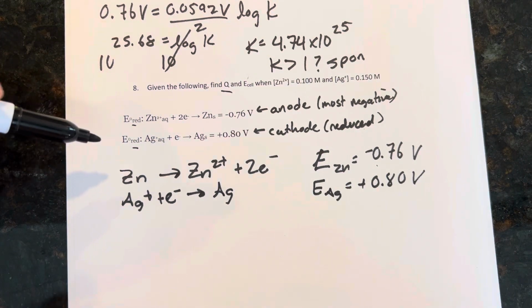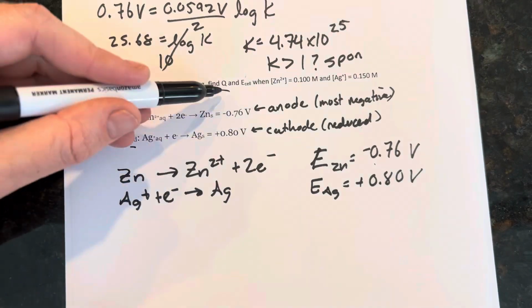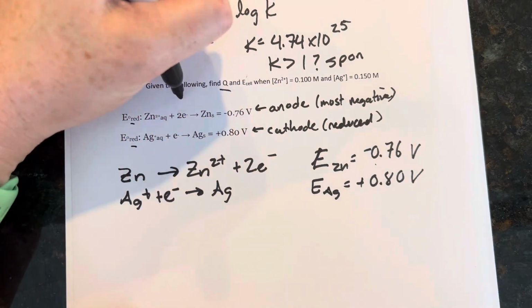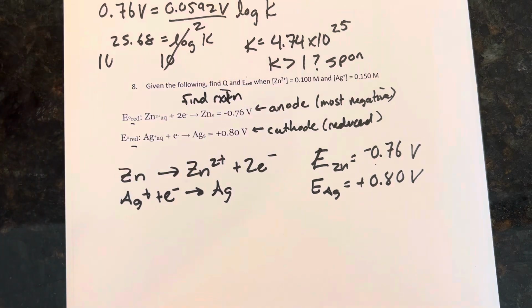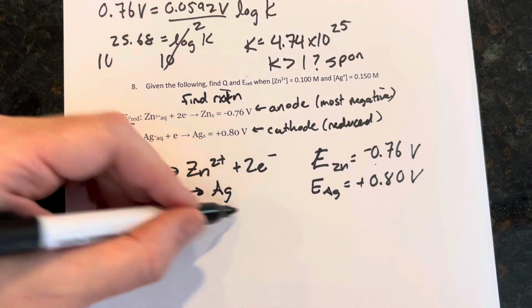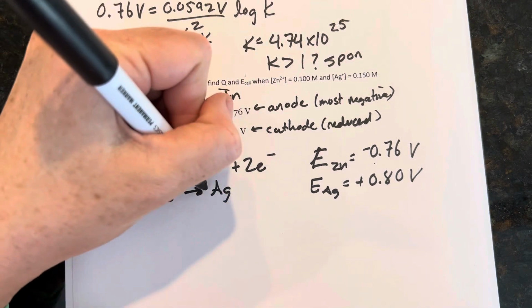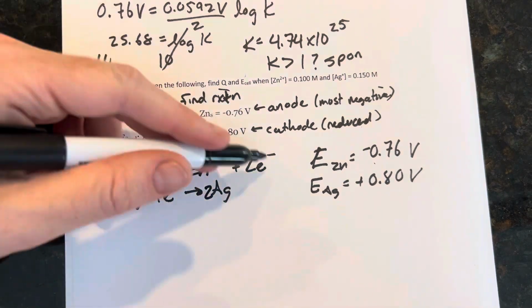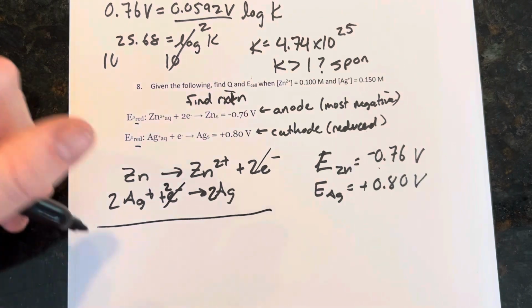All right, but if I were to add these up and get our overall reaction, which is our goal in order to find Q, we can't do that because this has 1 electron and these have 2. So we have to multiply this whole thing by 2, right? So I'll have to put a 2 there, a 2 there, and a 2 there in order for these to cancel. Now my 2 electrons can cancel with my 2 electrons and I can add them up.